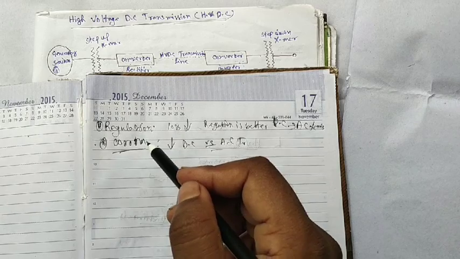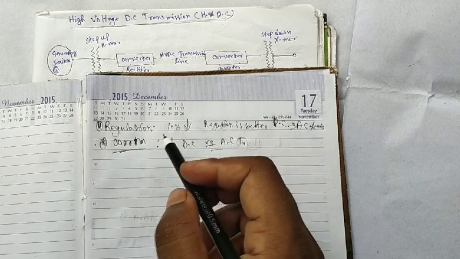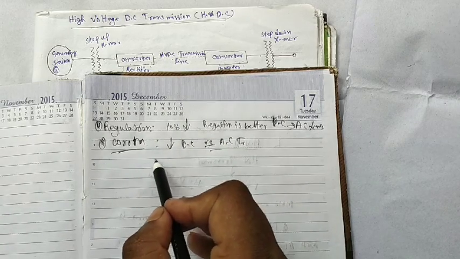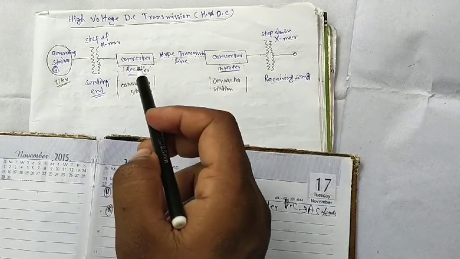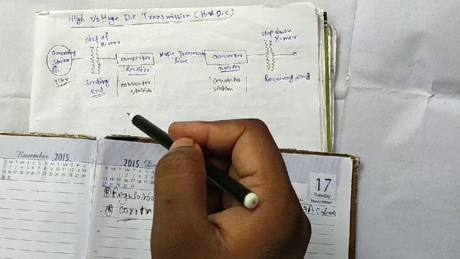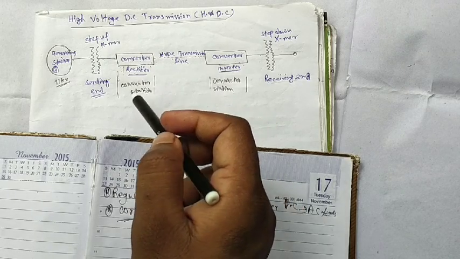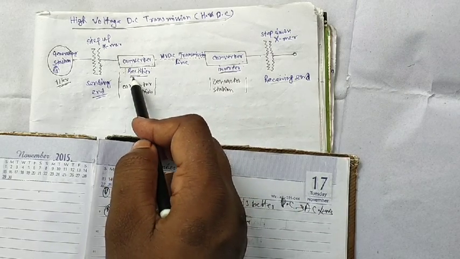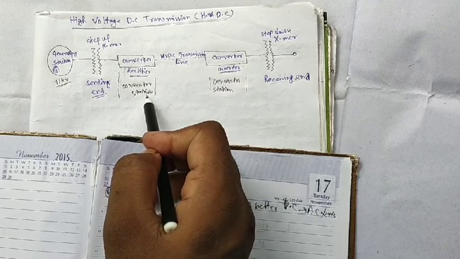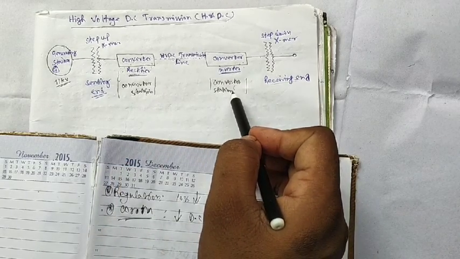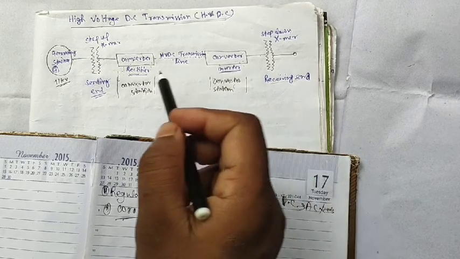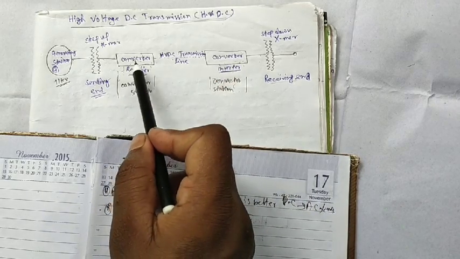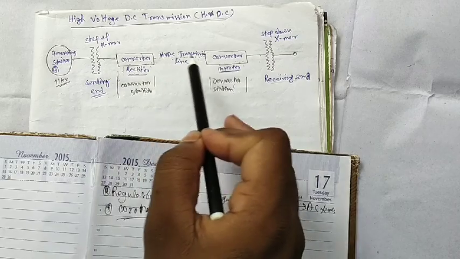But some disadvantages are also present in the high voltage DC transmission system. If we use high voltage DC transmission, we need one rectifier or converter station, and on the receiving side another station, whereas in AC transmission we don't use this type of station.